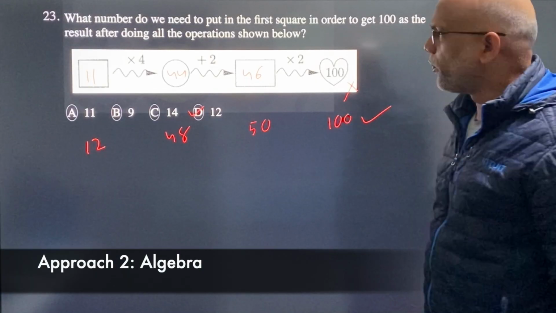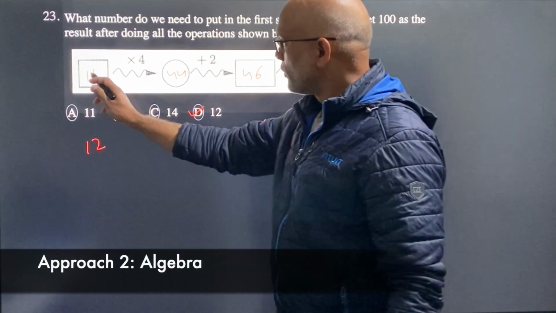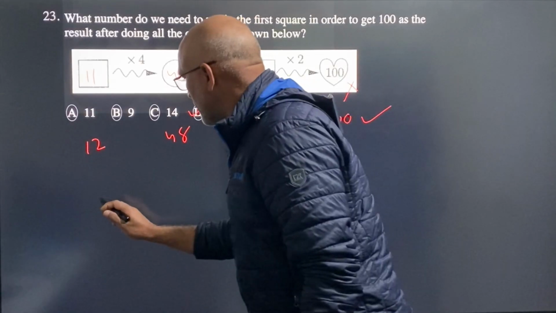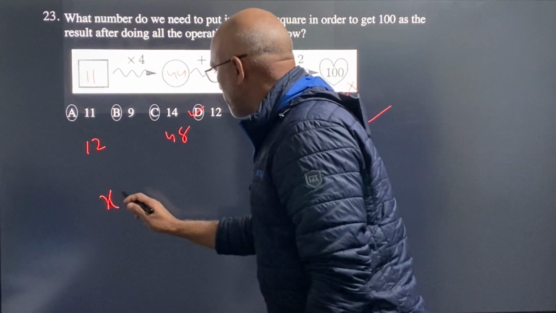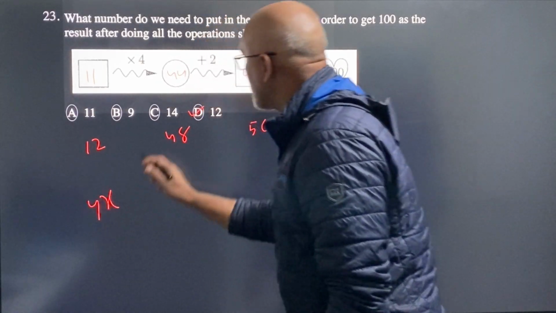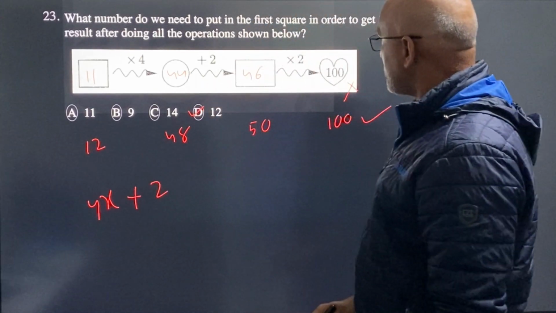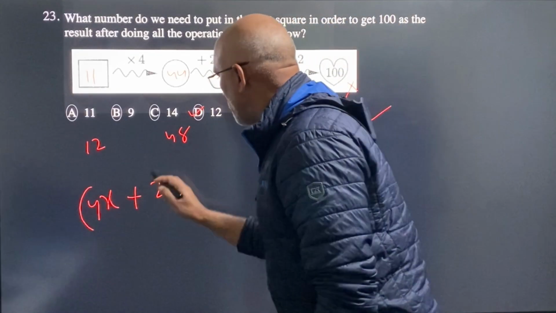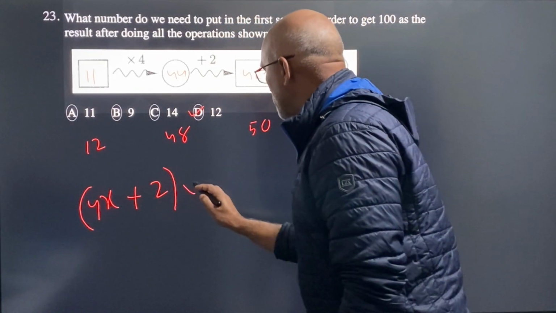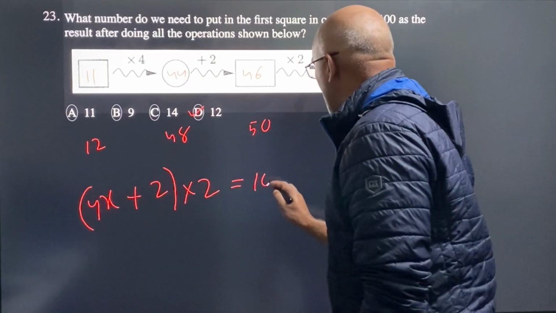You can also do it using algebra. I don't know this, I want to find out. So I call that x times 4. So that is 4x. Then I add 2. And then the whole thing I multiply by 2 and I get 100.